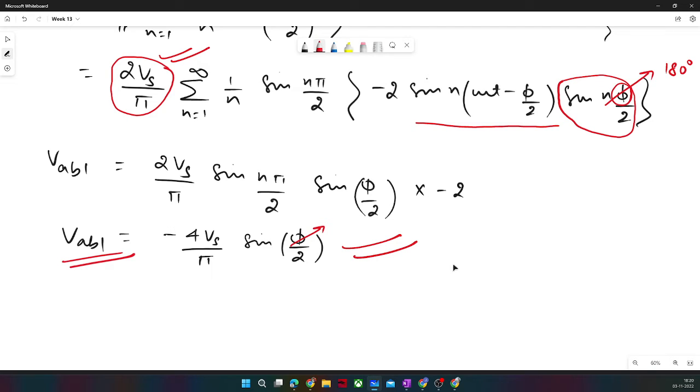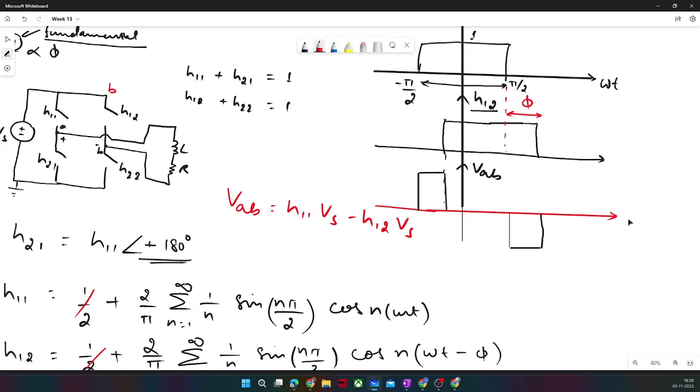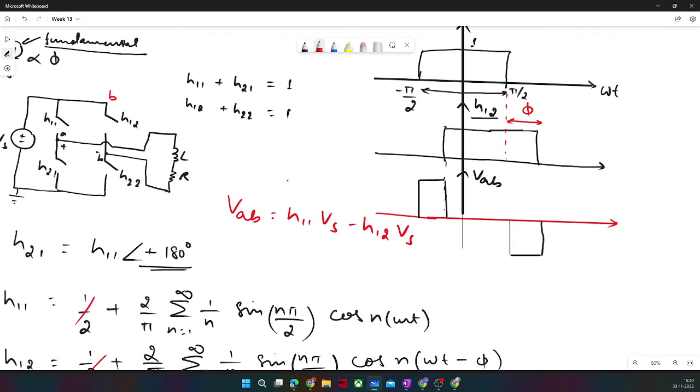Sir, here in this equation, what does the negative signify? Yeah, here the negative is signifying that generally you will see this pulse on the right side. What we are doing is, if you shift this pulse to the left side, you will get positive. So it is just how you are shifting the switching function. We shifted to the right side.